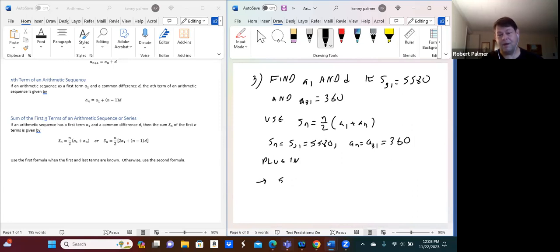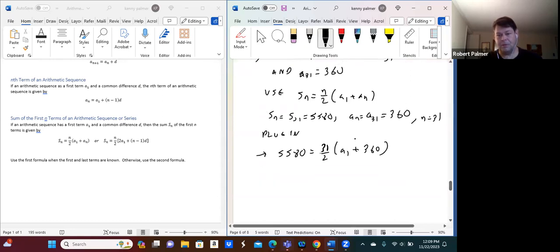We have 5,580 is equal to n, and n is 31, over 2 times (A1 plus 360). Now here, 31 over 2 is 15.5, which hopefully comes out evenly. Let's just distribute this.